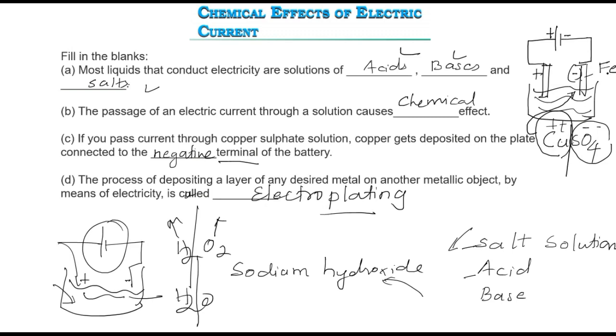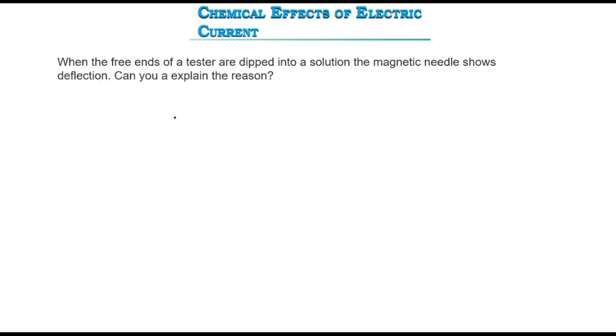Remember this symbol is Fe. If iron is placed here and copper is placed here, right? This copper will start depositing over iron, and you will have after some time a copper deposition on the metal. And what is that called? Electroplating.